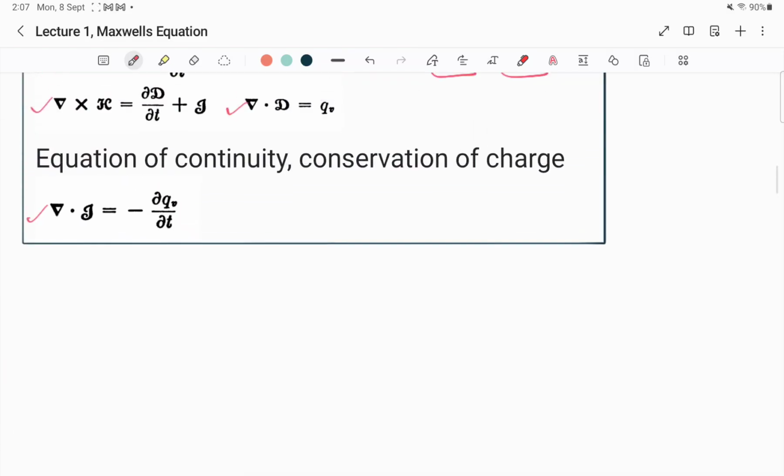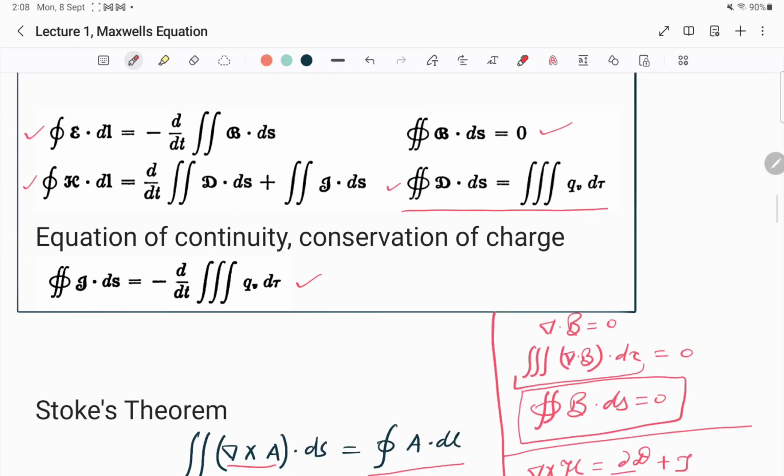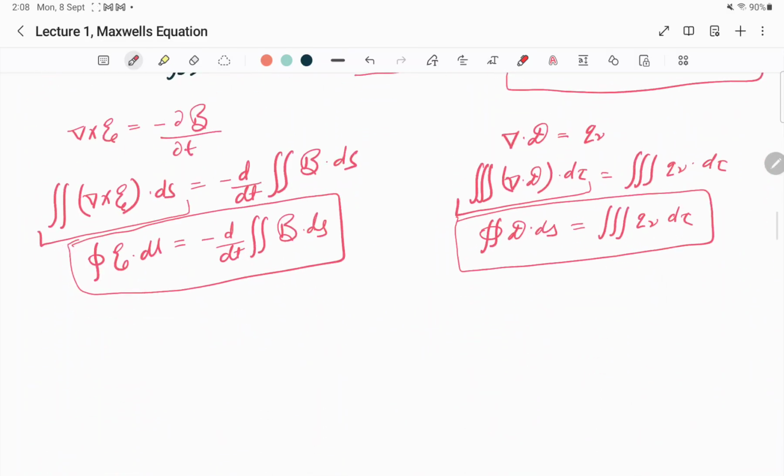Similarly, if you take the continuity equation, that can also be represented in integral form. So continuity equation says del dot J is equal to negative del by del t of QV. So you apply volume integration on both sides, del dot J d tau is equal to minus d by dt triple volume integration of QV d tau.